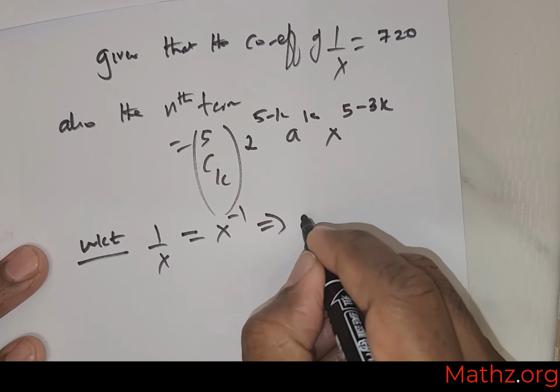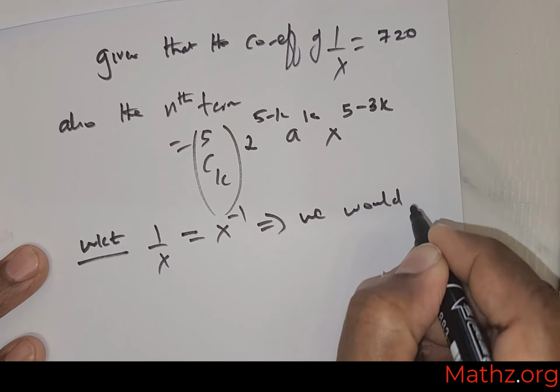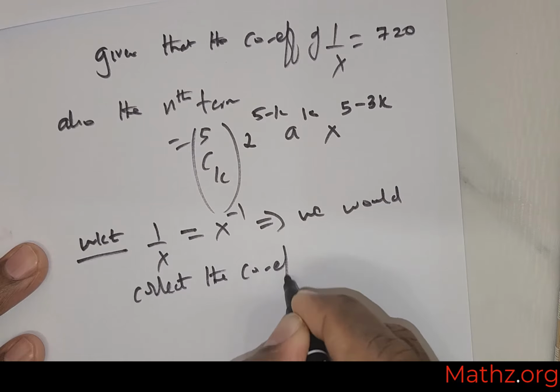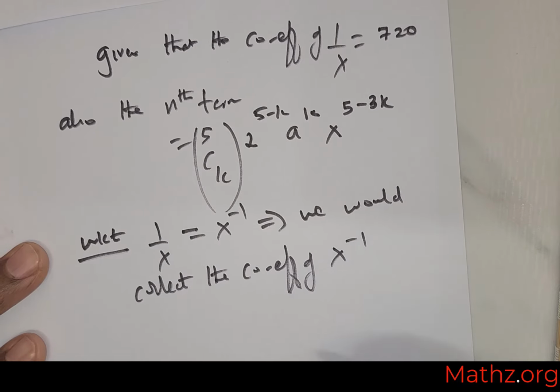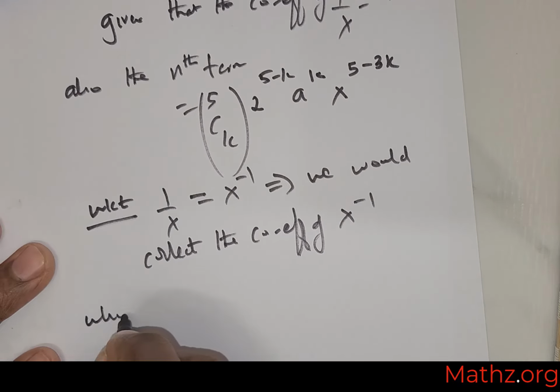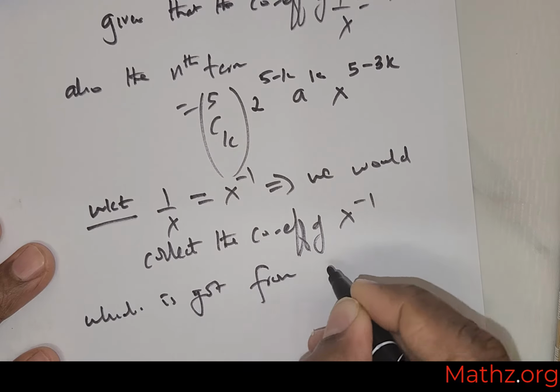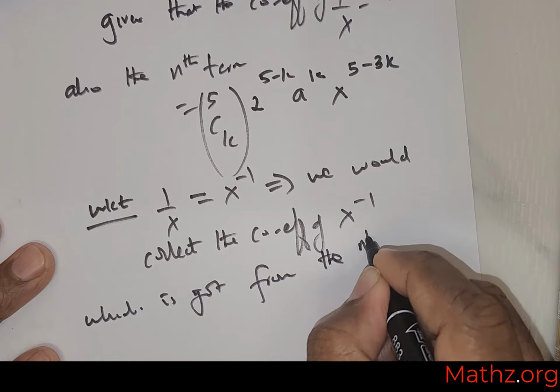This would mean we would collect the coefficient of x^(-1), which is got from the nth term.